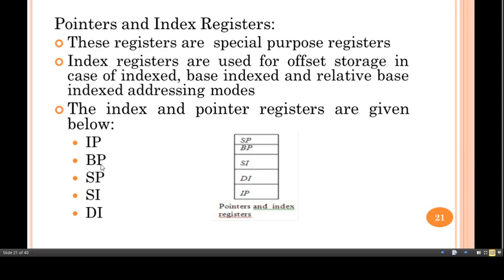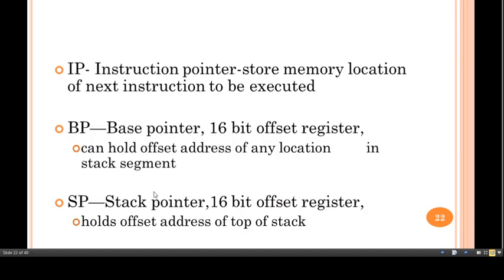IP, BP, SP are pointer registers, SI and DI are index registers. IP is called the instruction pointer. This instruction pointer is used to store the memory location of the next instruction to be executed.